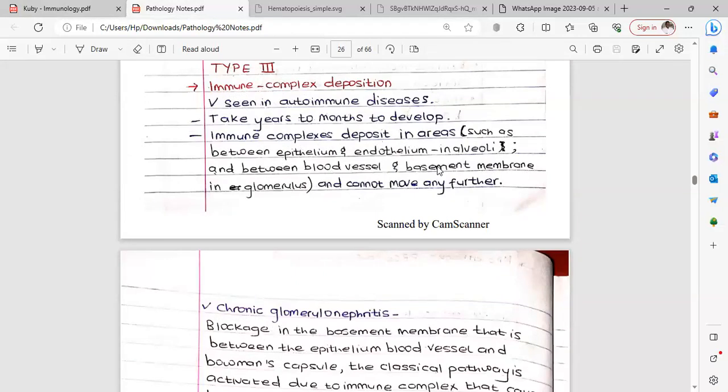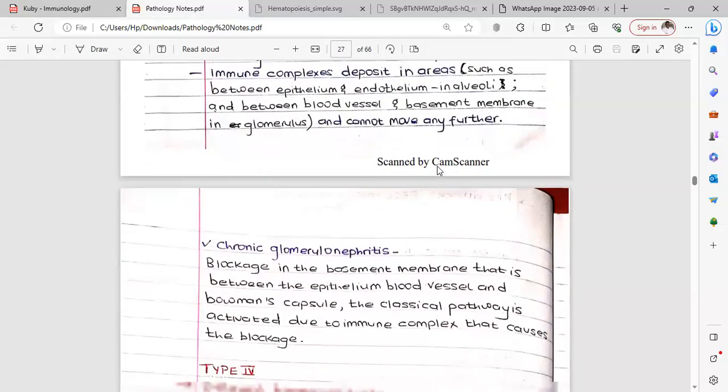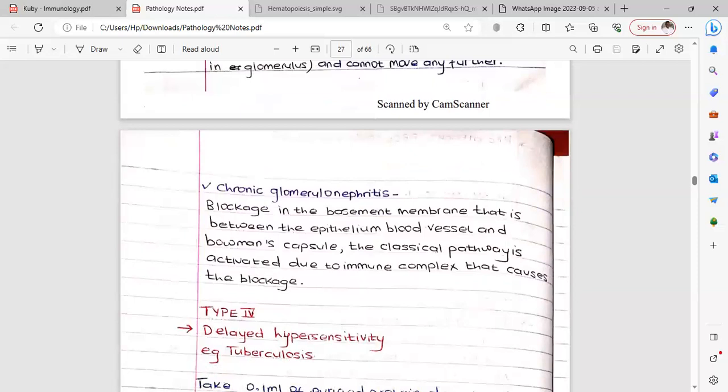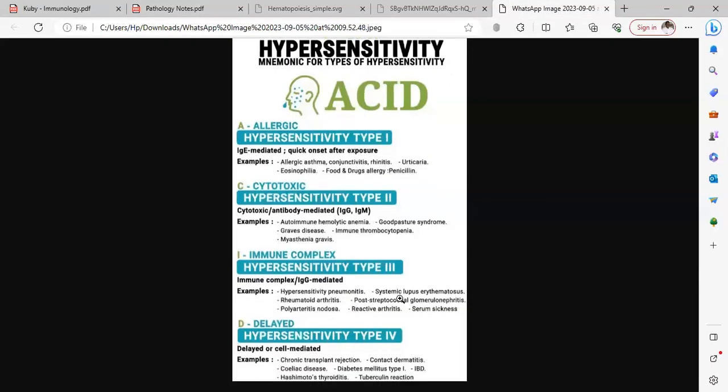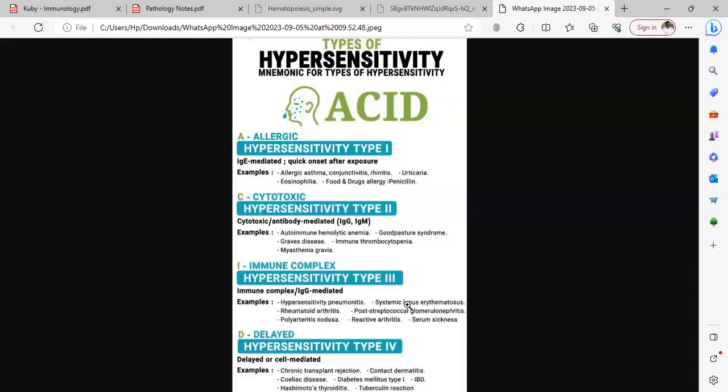Once they form, they stay there. Okay, so we have appreciated examples. Let's see other examples. We have rheumatoid arthritis, reactive arthritis, serum sickness, SLE and polyarteritis nodosa. Okay, so we'll go to the last one.